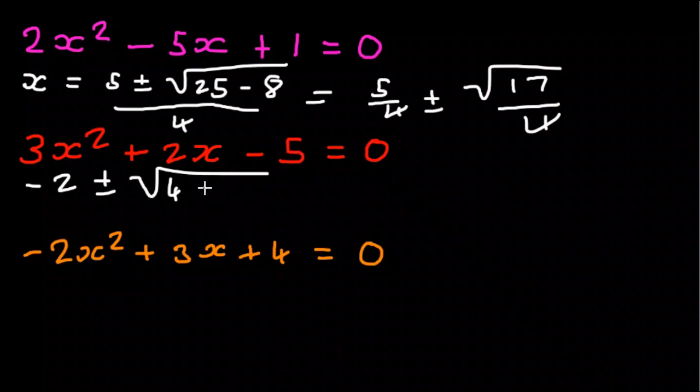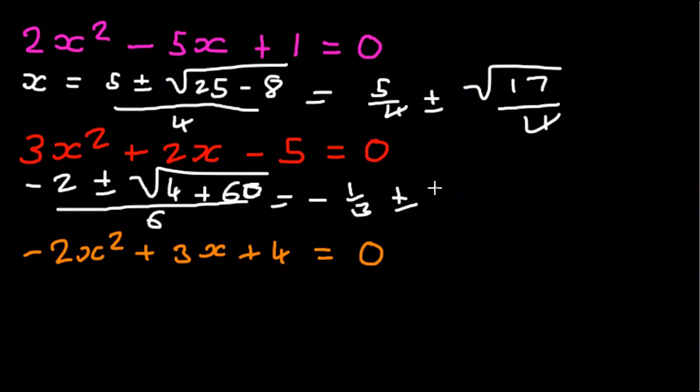That's actually going to be a plus because of the negative multiplied by the negative 5, so 4 times 5 is 20, multiplied by 3 is 60, and all this is over 2a, which is 6. So this is equal to minus 1/3 plus or minus the square root of 64 over 6, so the square root of 64 is 8 over 6, and you would want to simplify that in an exam.